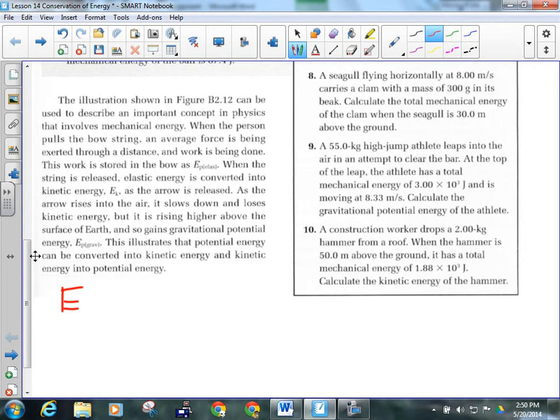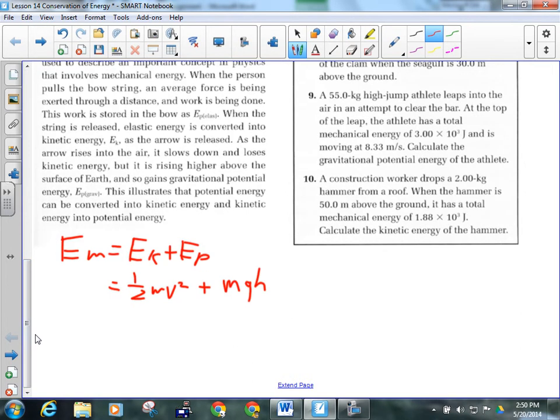If I want to calculate mechanical energy, we just got told that mechanical is equal to the kinetic energy plus the potential energy. And we have a formula for each of those. Kinetic energy is 1/2 mv squared, and potential energy is m times g times h. I know m, I know g, I know h, and I know v. So I can calculate this no problem. I just have to plug in my numbers.